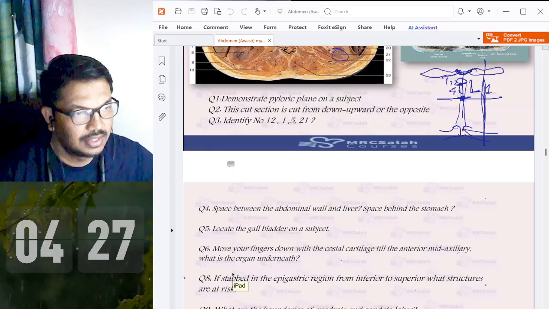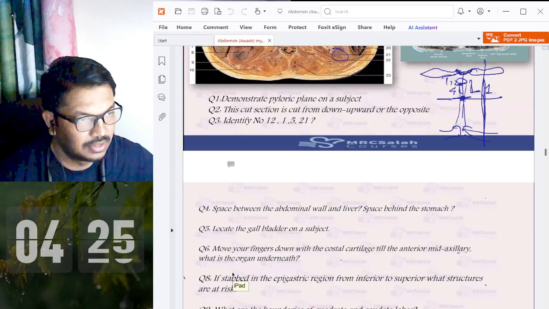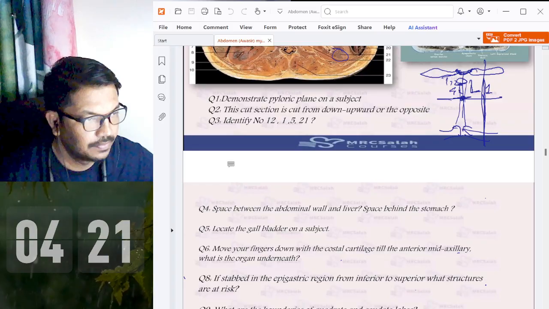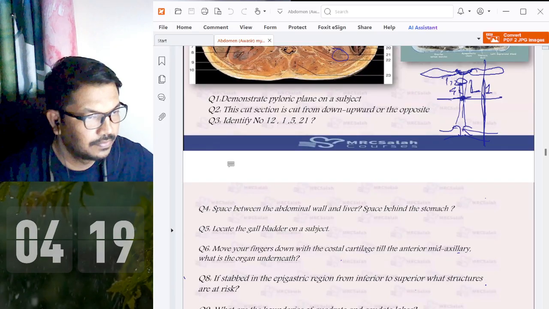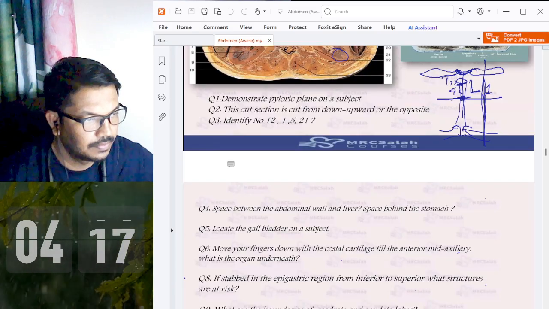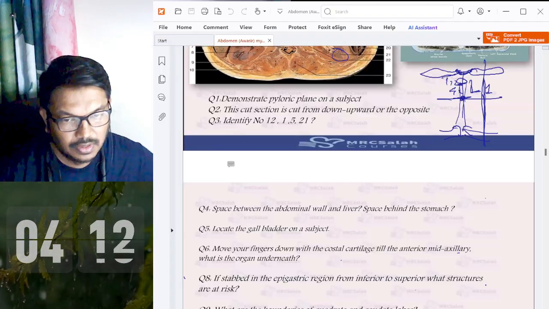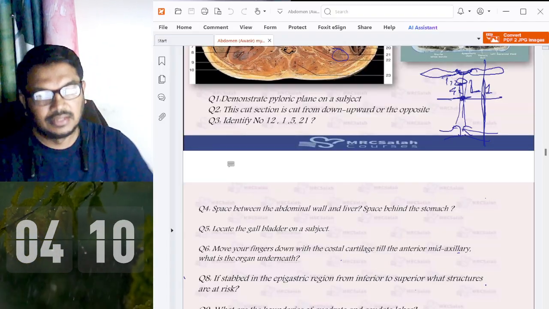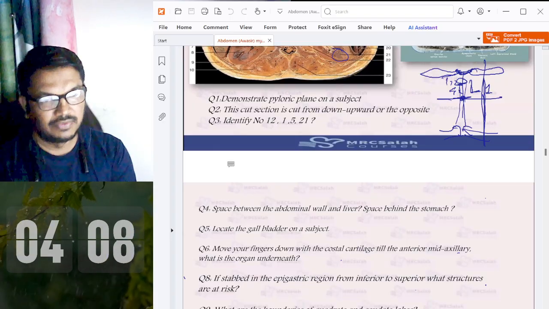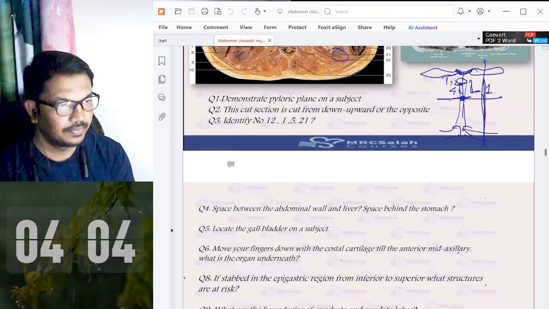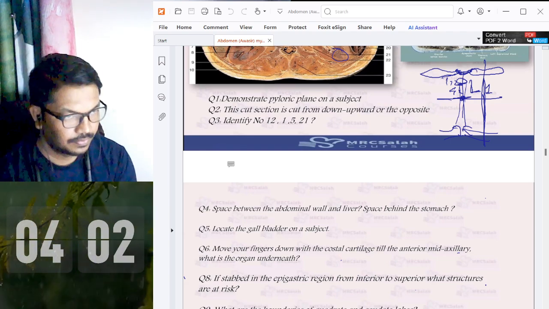Where does the left lobe of the liver extend on the surface anatomy? It extends to the left fifth intercostal space, mid-clavicular line. Okay. If it is stabbed in the epigastric region from inferior to superior, what structures are at risk? Stomach and left lobe of liver.